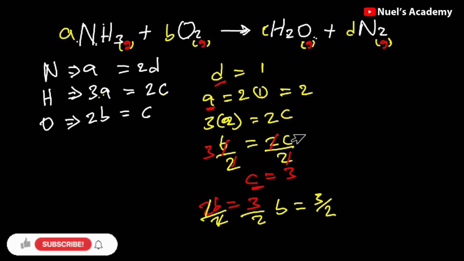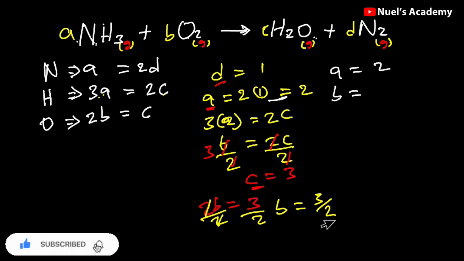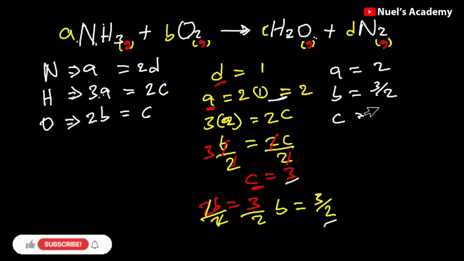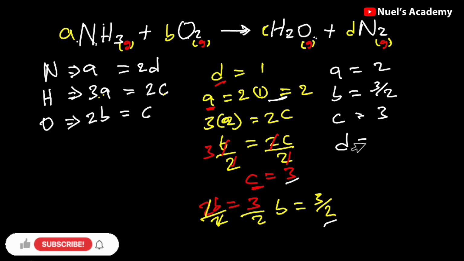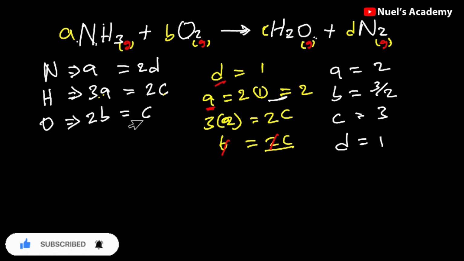So let's write out what we have. A is equal to 2, B is equal to 3 over 2, C is equal to 3, and D is equal to 1. Now we're going to replace A, B, C, and D with these values. Let me write it.